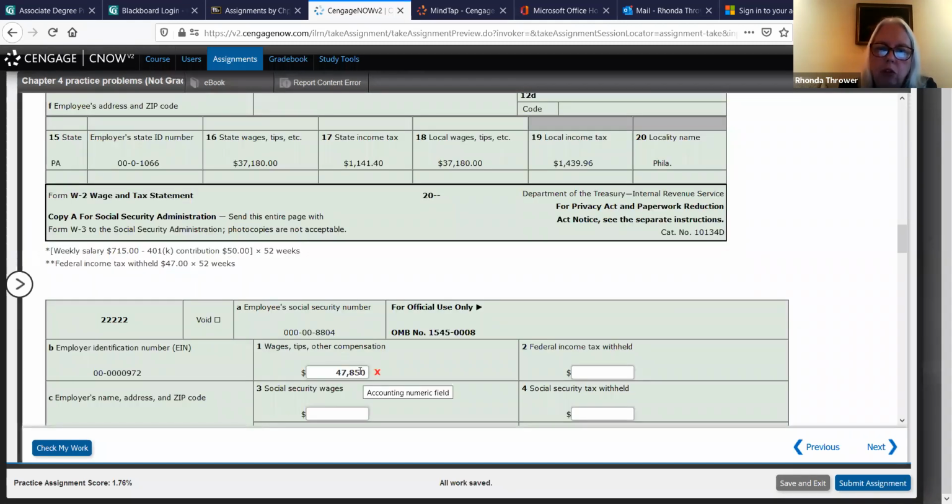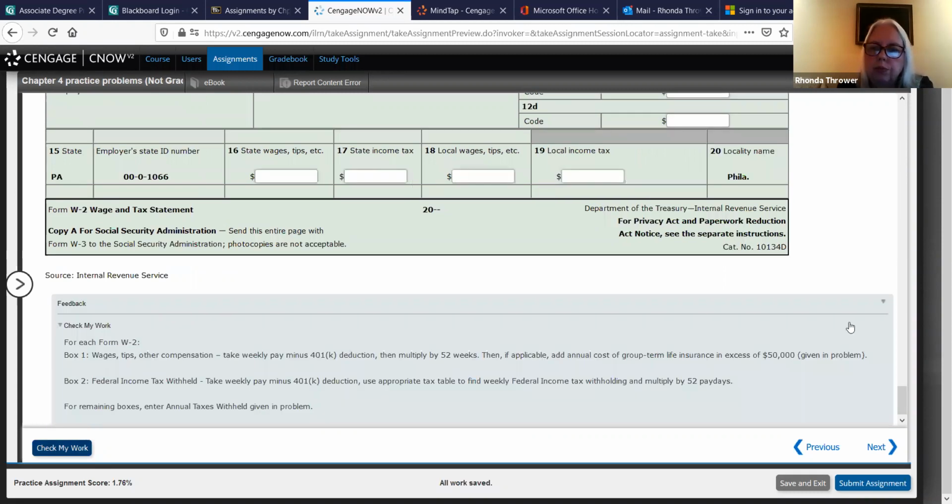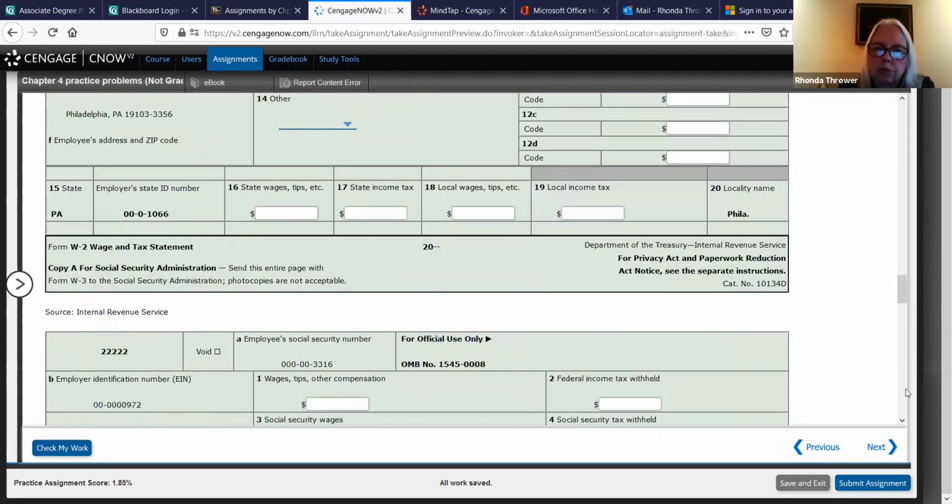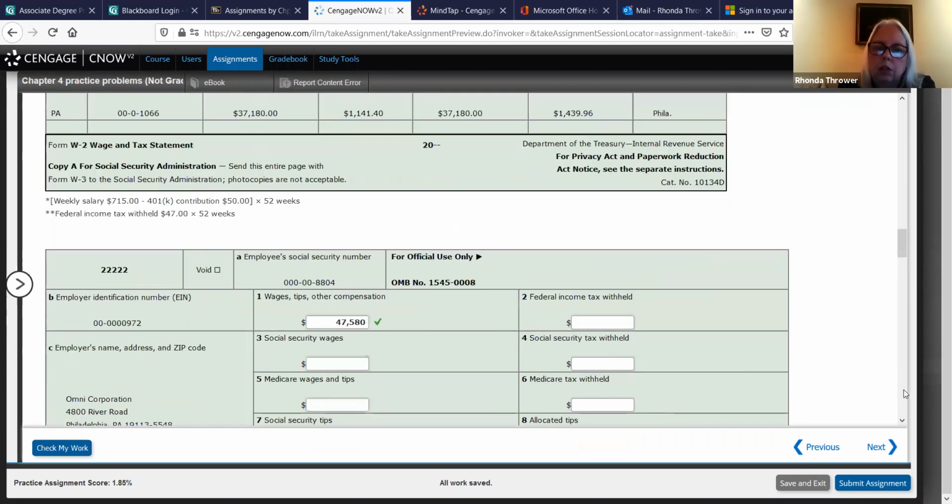And I got a transposition error in there. So 47,580 is the amount I should have recorded in there. And now it's correct. So check your work as you go through to make sure that your math is correct and that you've entered the correct amount in the box.